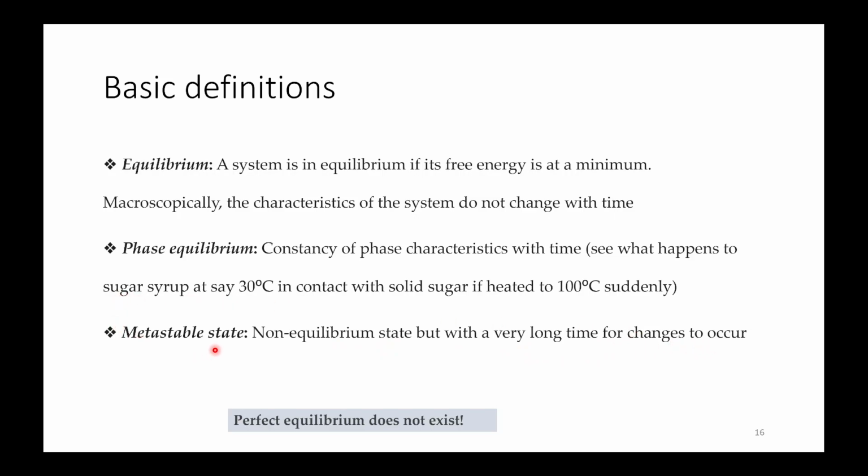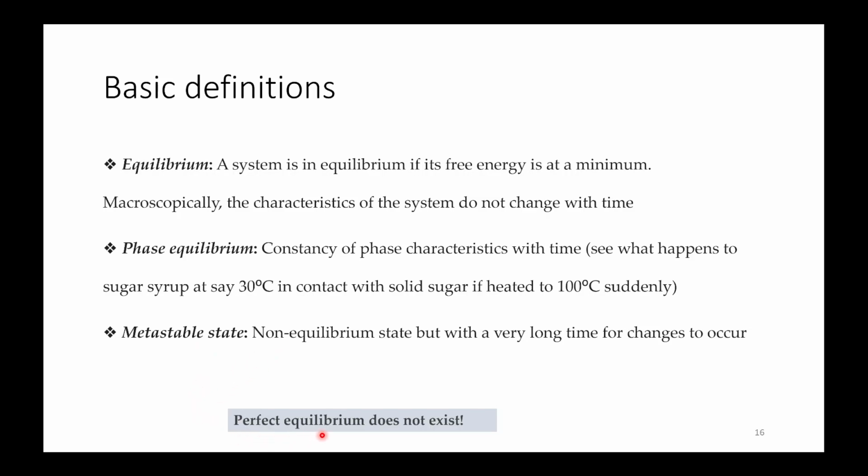Now metastable can also apply to the iron carbide system. In that case, your system is metastable, but for equilibrium, you have to go for the iron graphite diagram, the iron carbon diagram.